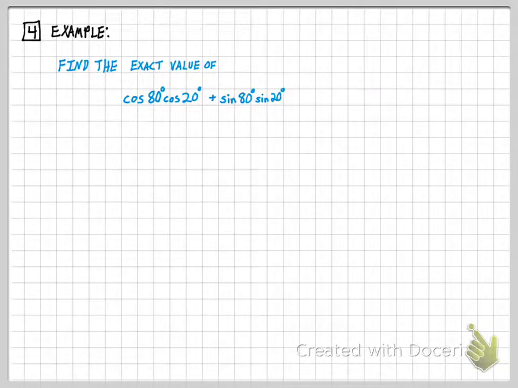Alright, another example here. I've got an expression involving the sines and cosines of 80 and 20. And the trick here is to recognize that this is once again one of the formulas from this section. And if you have your sheet in front of you, you should recognize that this entire expression is the same thing as the cosine of 80 minus 20. Right?